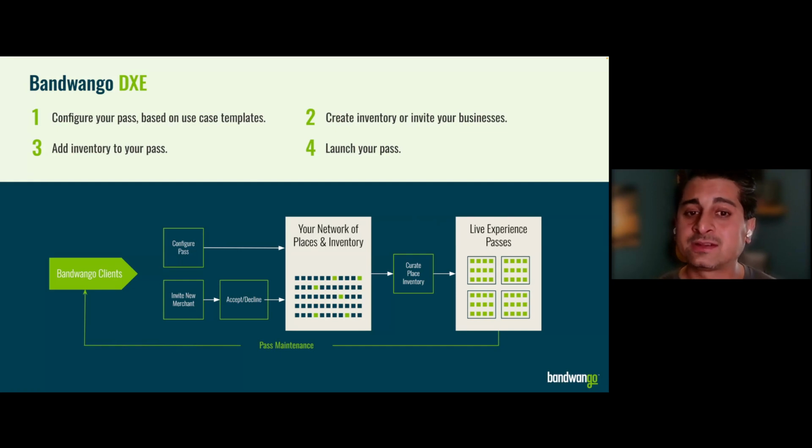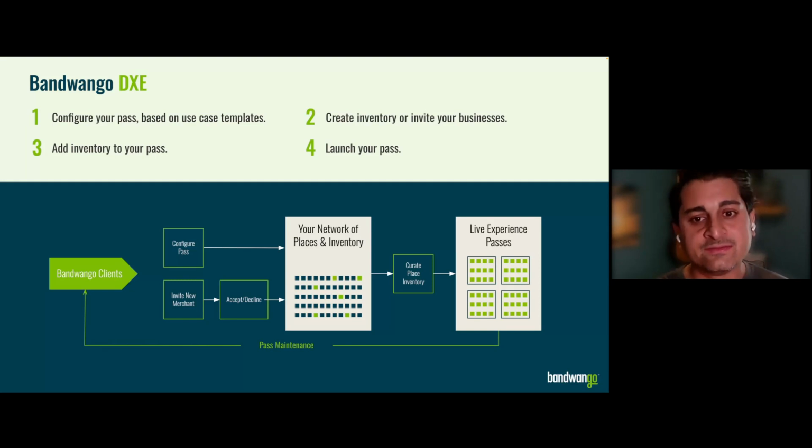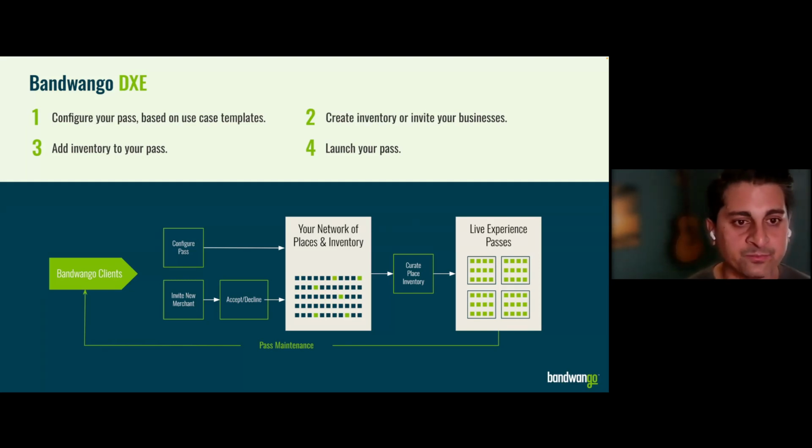There's a lot of inherent complexity involved in building passes that bring together 10, 20, 30 different locations and businesses into one cohesive experience that's delivered to your customers. With our new system, we are simplifying a lot of different things. We're taking an inherently complex process and making it very, very simple for all of you.